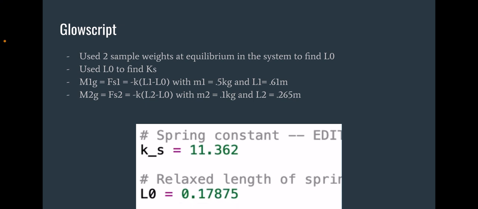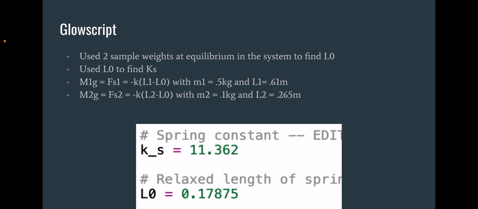Before we were able to use the data in VPython, we first had to find the spring constant as well as the relaxed length of the spring, because we couldn't measure the relaxed length during the filming of the video. So we used two sample weights.